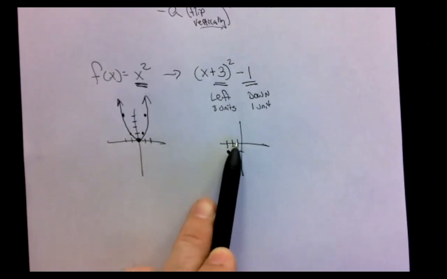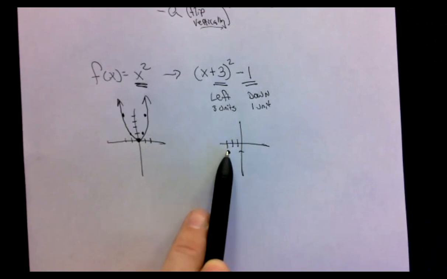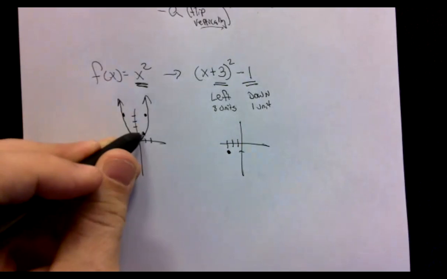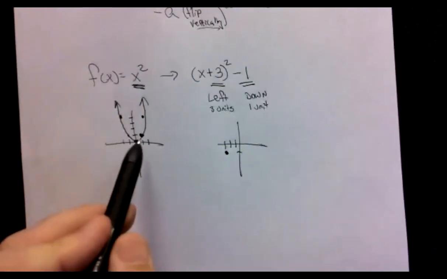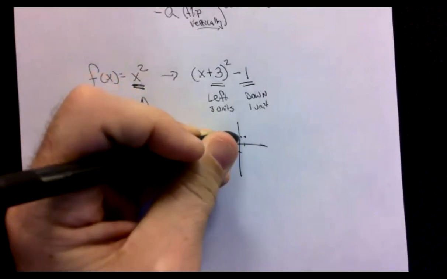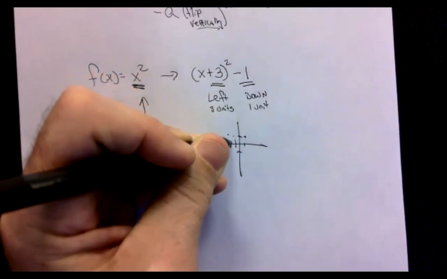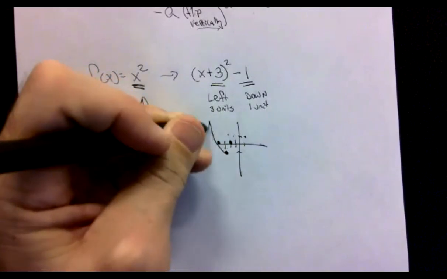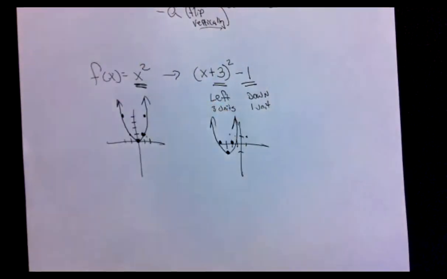So from 0, 0, I would go left 3 and down 1. Each of these points would do that same thing. This point here is at 1, 1, so from 1, 1 we would also go left 3, down 1. It's kind of the same as slope.